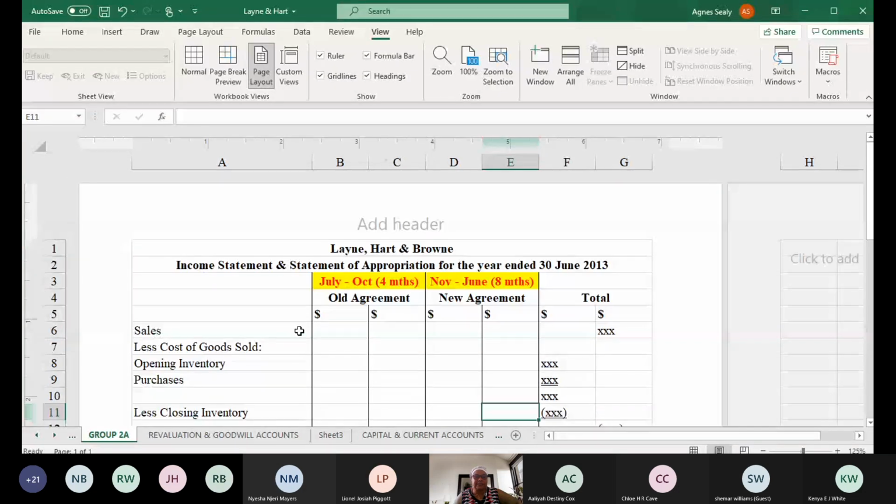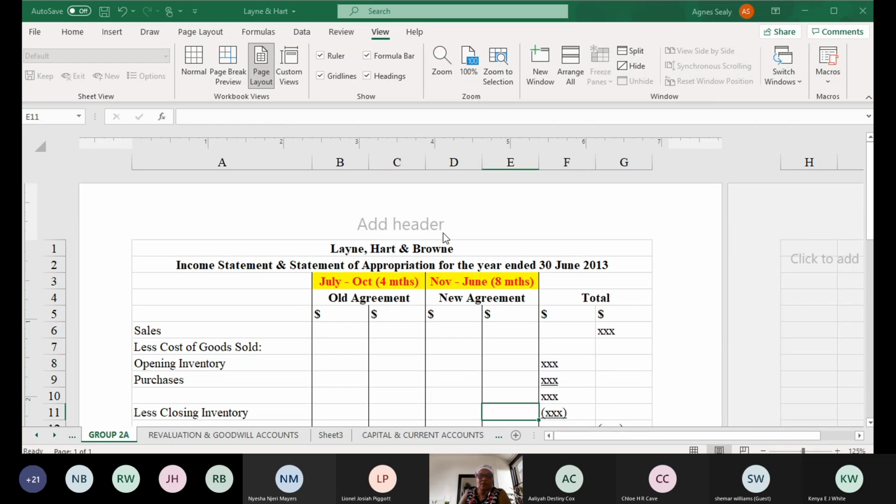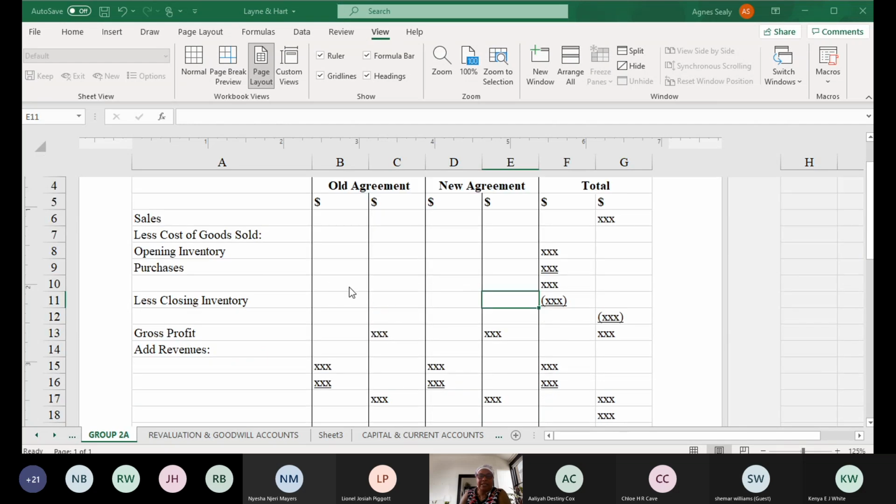Right, so we see sales. So this is what you got as your template for the change. When there's a change, this is your template, and it starts with sales. Remember, if you have sales returns, you have to subtract that.